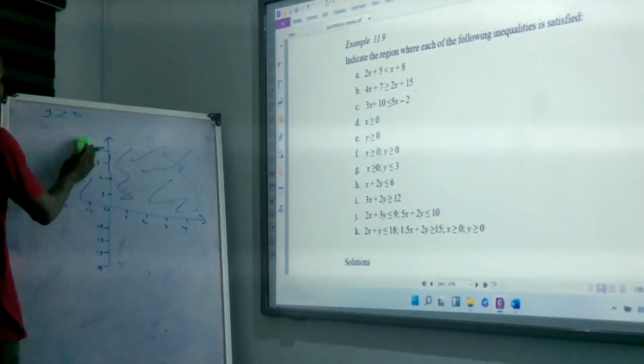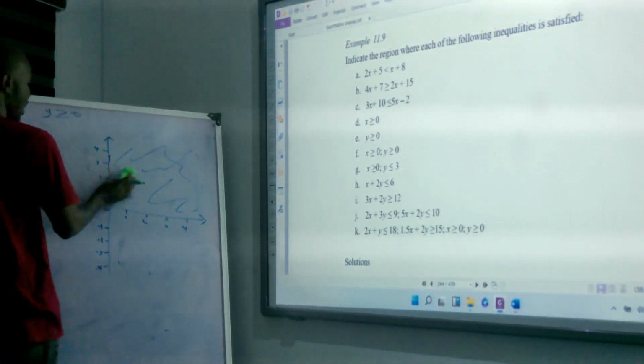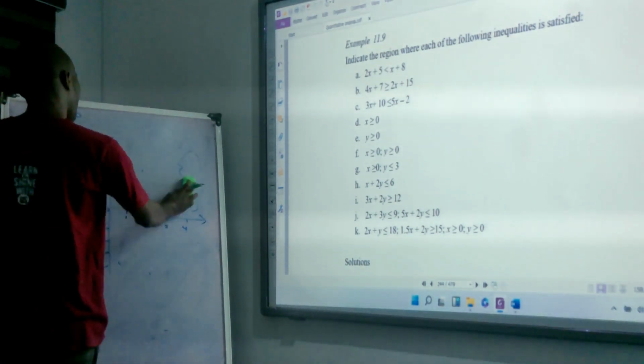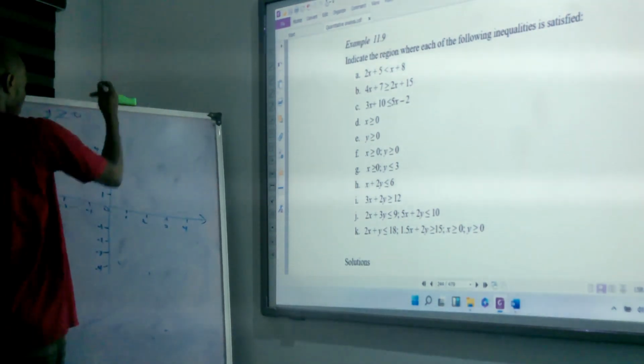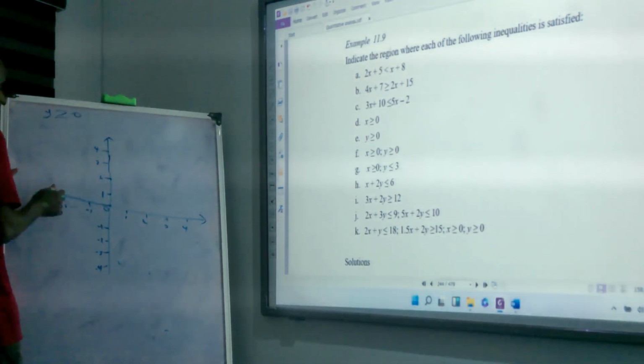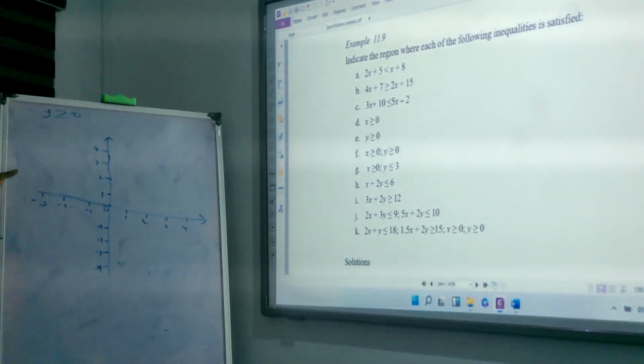So we need all of these things here in inequalities, like linear programming, so I find the visible region or shaded portion, the true values for the inequalities. Now, the next one is where x is greater than 0, y is greater than 0.